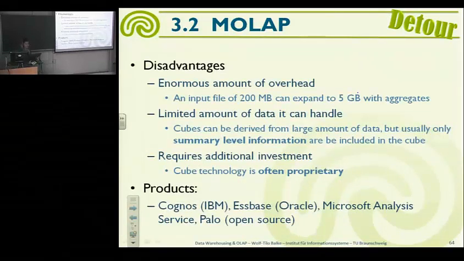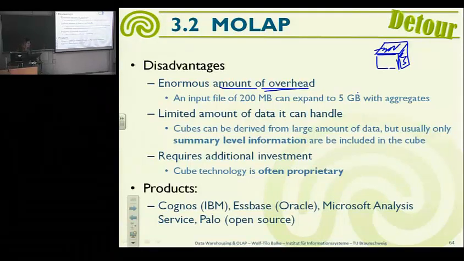So this has to be considered. Disadvantages of the multi-dimensional model is that there's a huge amount of overhead, because remember, we had this cube over here, and then on top of that we had all of these different aggregates that are built on top of the cube. And these aggregates, as you've seen, have this diamond shape.